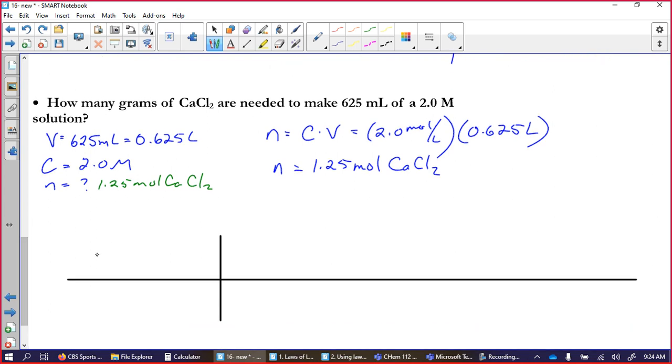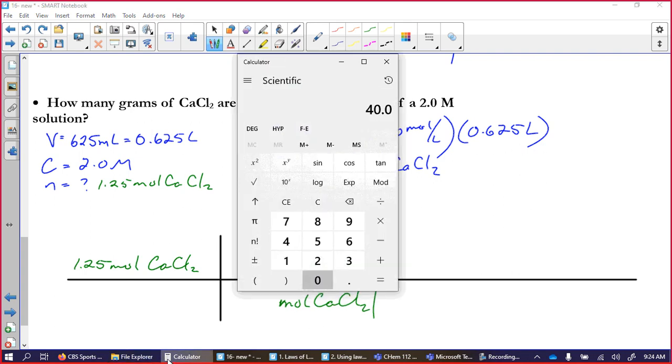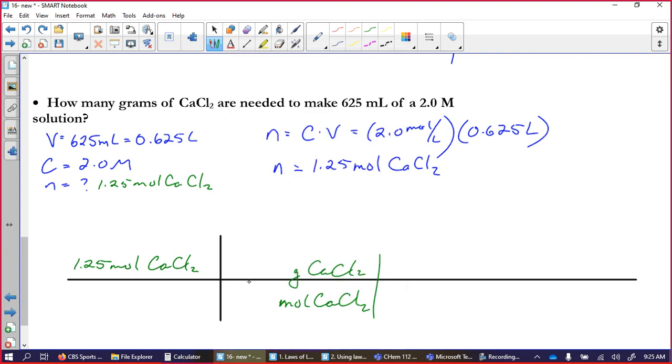Well, now we need to go back to, I can't remember what chapter, 9, 10, 11, somewhere in there. Moles of calcium chloride. I want grams. Calcium is 40.08 plus 2 times 35.45, 110.98.